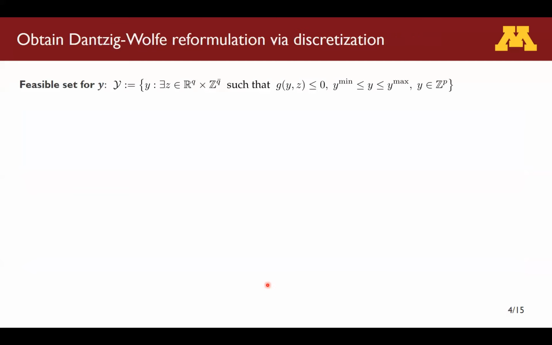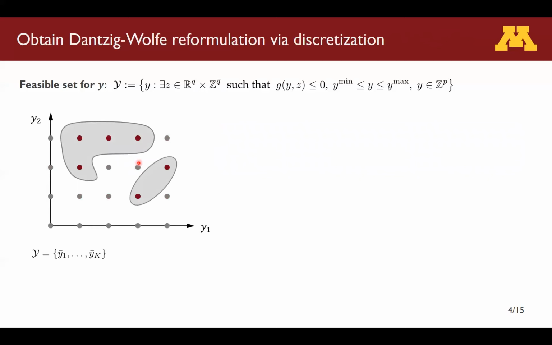Now, the first thing we need to do is to apply a Dantzig-Wolfe reformulation using a discretization approach. So consider this feasible set for the y variables, the script Y, without considering the complicating constraints. So what we have here are essentially just the constraints from the subproblems, and the set script Y is just that feasible set of the subproblem projected onto the y space.